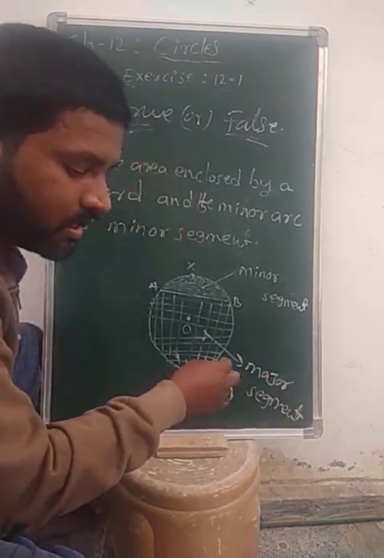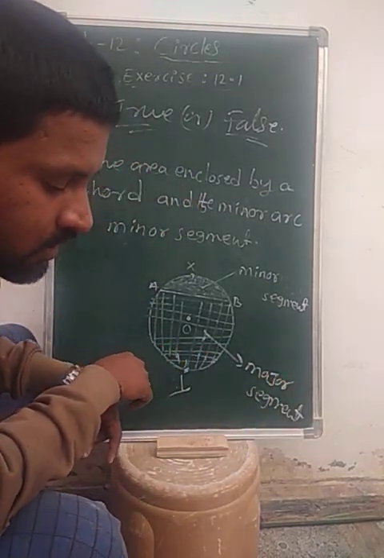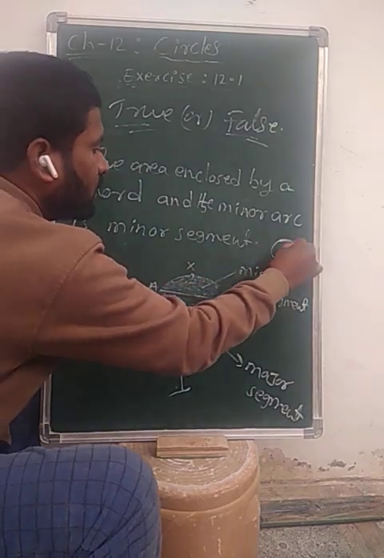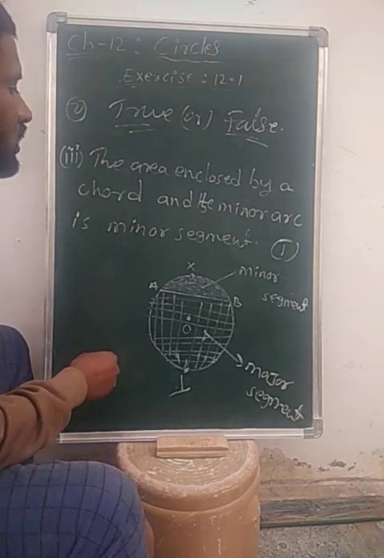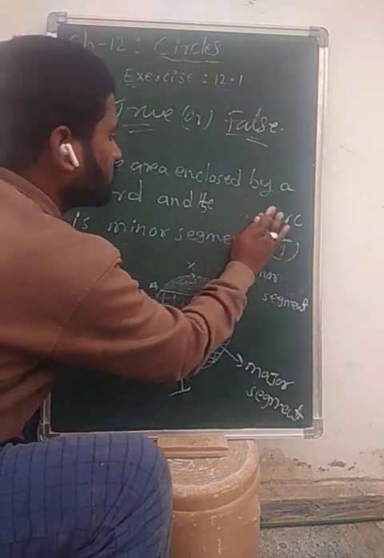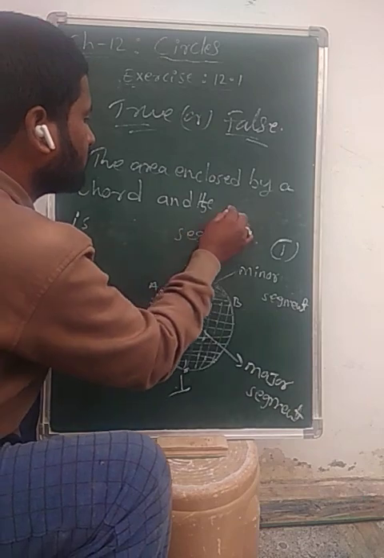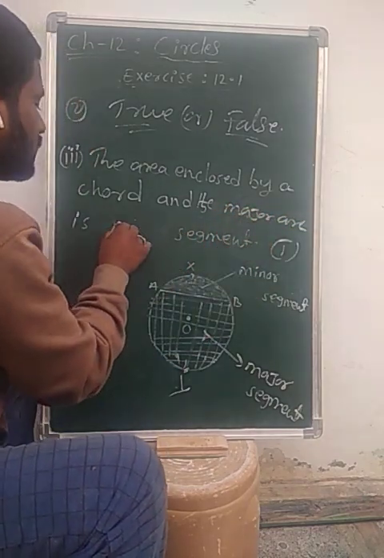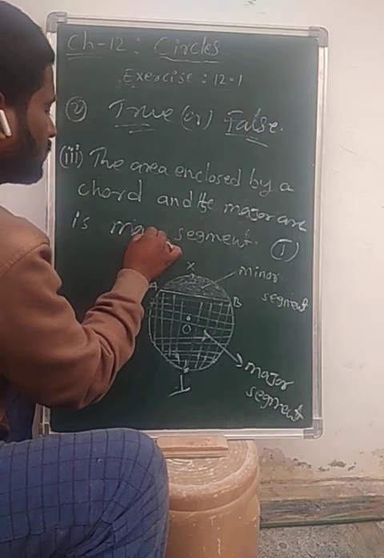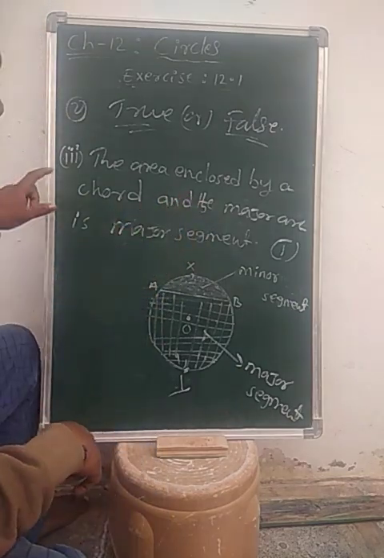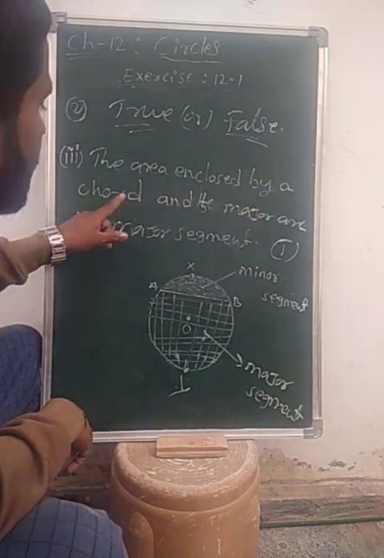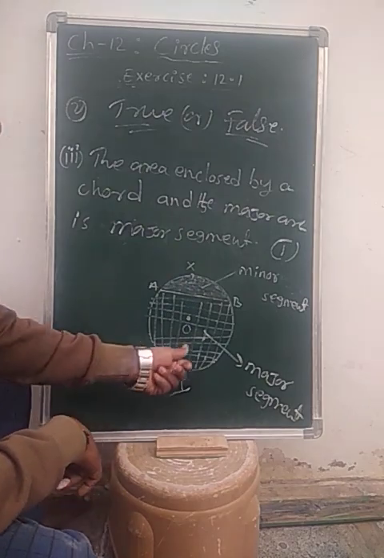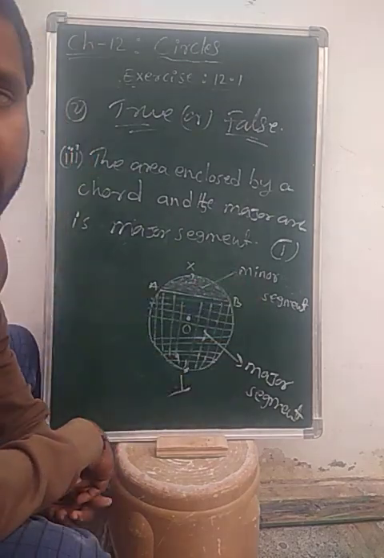So the second statement is true and the third also. Third statement: the area enclosed by a chord and the major arc is the major segment. This is the major segment and this is the minor segment.